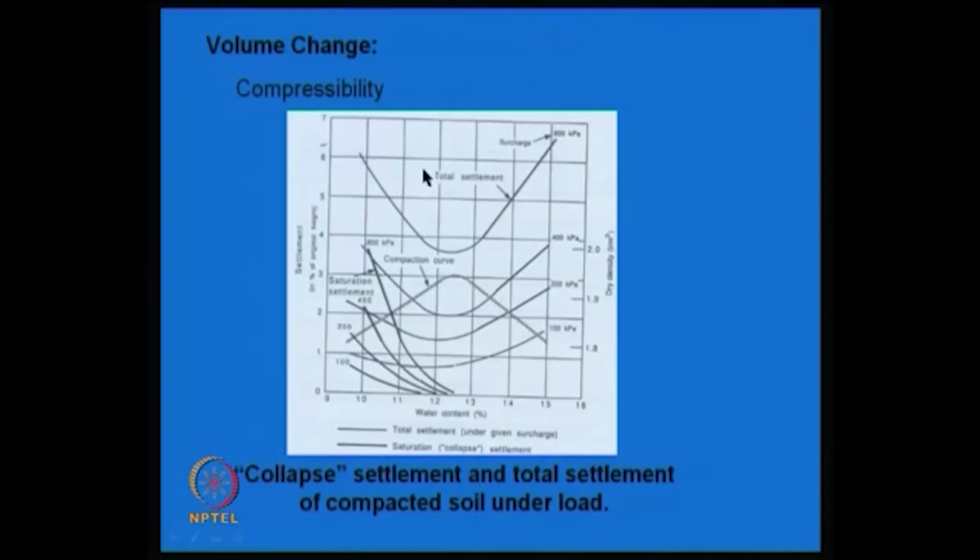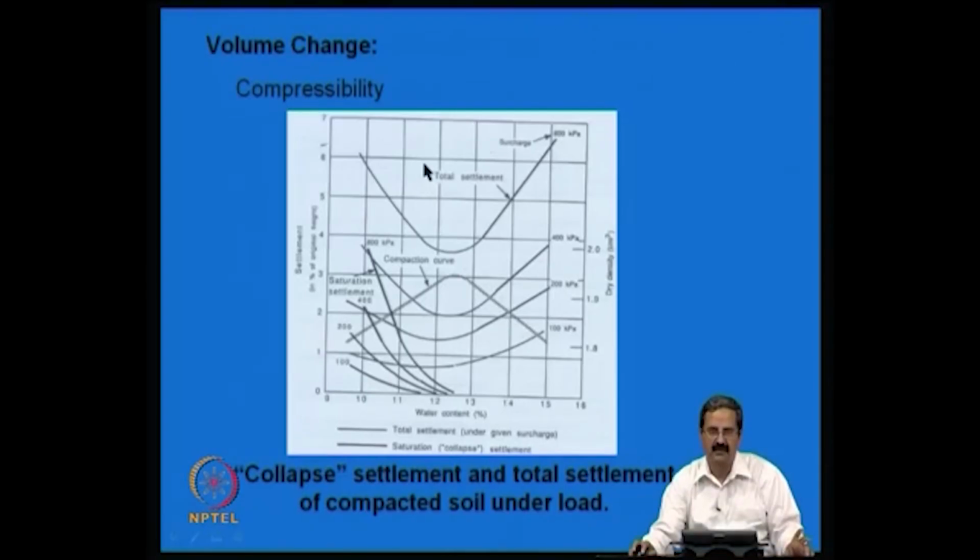So, to continue on the same aspect, what you saw just earlier was about the influence of compaction on strength, and if there are variations in the water content, how the strength is going to get influenced and all that. Here is some more information. One can do this in the lab also.